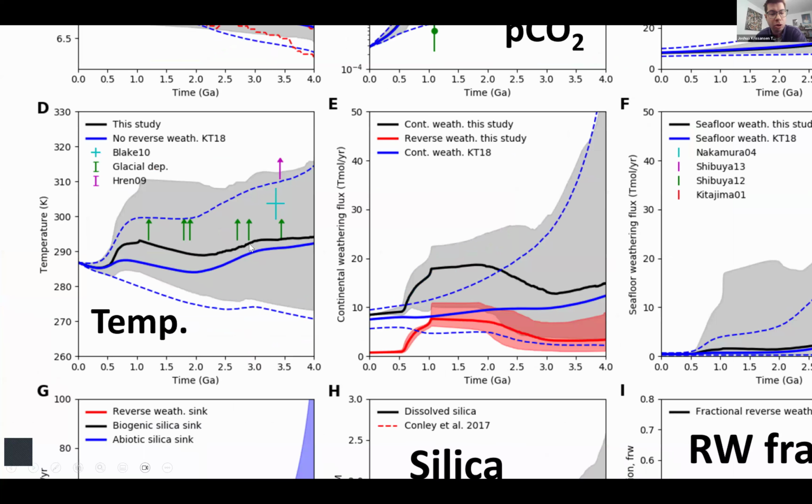It diminishes as you go back into the Archean, because we're assuming that sedimentation rates are a strong control on reverse weathering, and if you have less land, presumably you have less sedimentation. But you can also see here how, as I described before, when you go back into the Precambrian, reverse weathering, the red, must be much higher, and so must forward continental weathering to ensure balance of the carbon cycle.